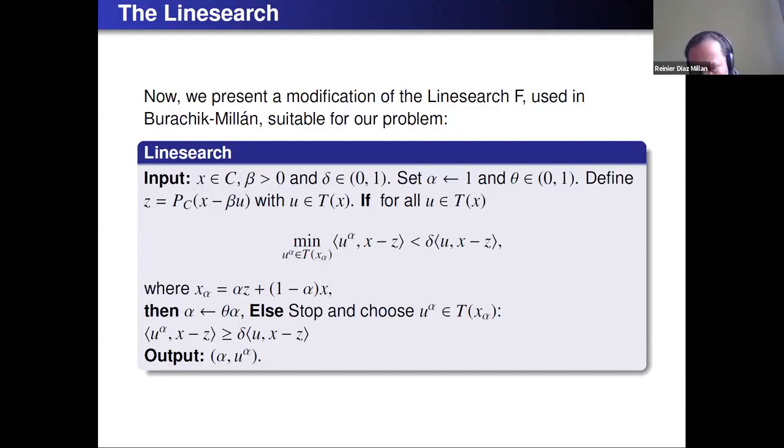Because for the operator in the paper of Burachik and me, we asked for the operator to be inner semi-continuous, because we were asking for continuity of the operator. But in this case, we will not need the operator to be continuous. In fact, the problem that was the inspiration for these algorithms has an operator that is not continuous.